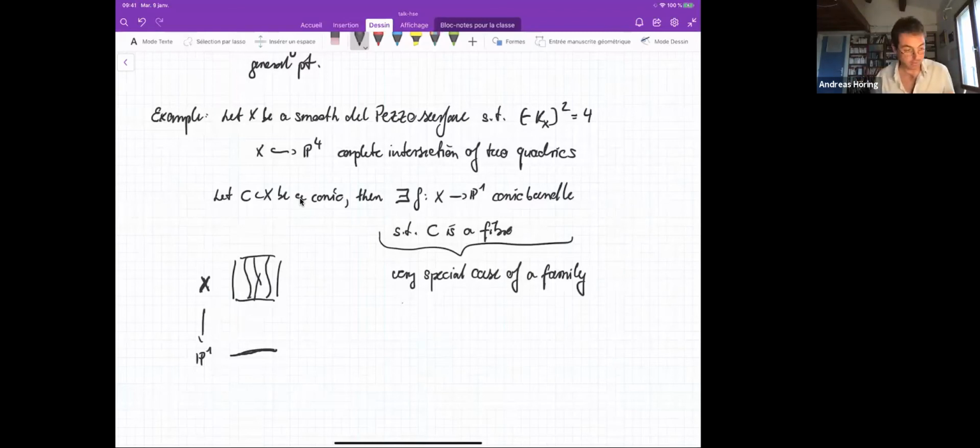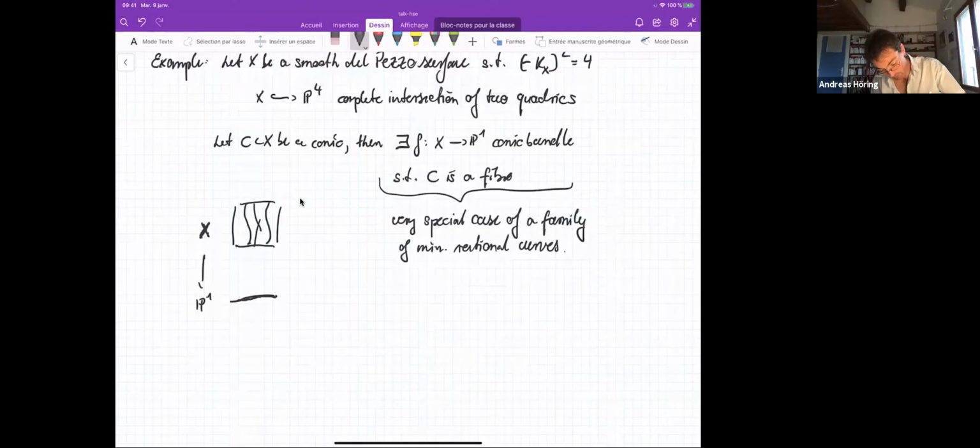And so I can compute its total dual VMRT in a way which is very similar to what I did yesterday. You look at the cotangent sequence, this exact sequence, 0, f star omega P1, omega X, and then you have the relative cotangent sheaf.